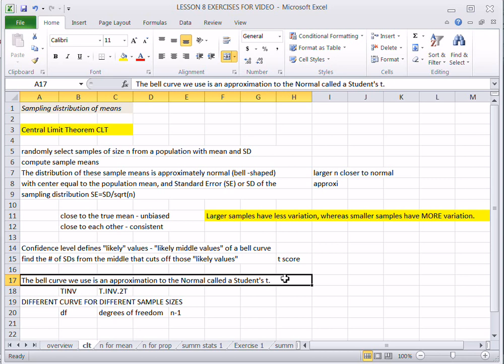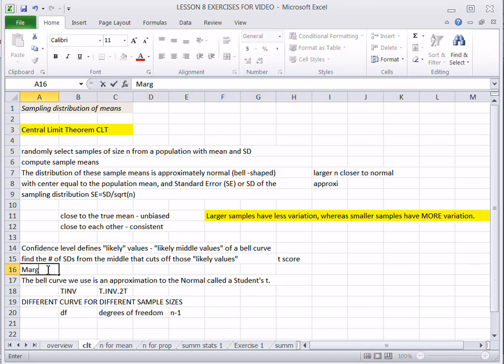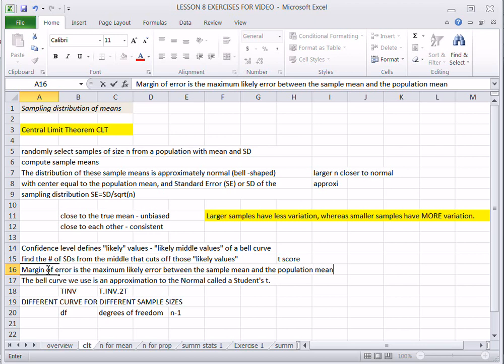All right. Now, remember that the margin of error is a maximum likely error. Maybe I didn't mention that today. But let me write here that the margin of error is the maximum likely error between the sample mean and the population mean.